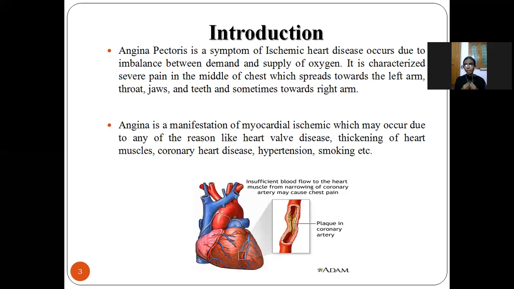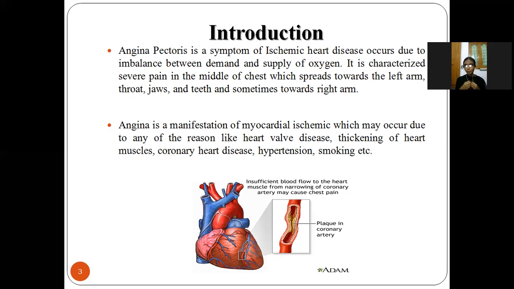So it will lead to angina pectoris. If the heart cannot get sufficient oxygenated blood, there will be more pressure in the heart, and it will lead to a rise in the heartbeat.